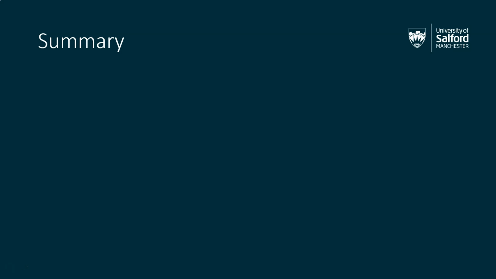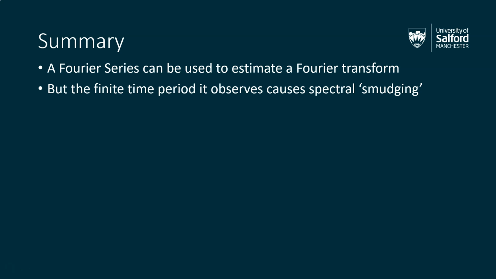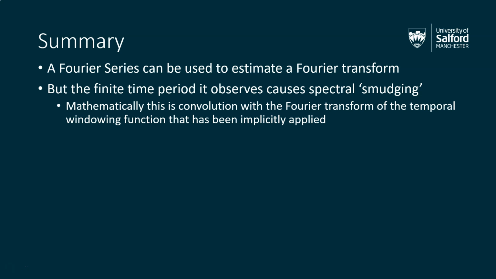So to wrap this up, a Fourier series can be used to estimate a Fourier transform, but the finite time period it observes causes spectral smudging. Mathematically, this is convolution with the Fourier transform of the time-domain windowing function that has been implicitly applied.